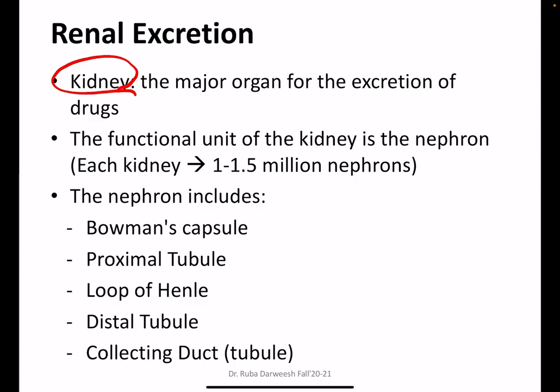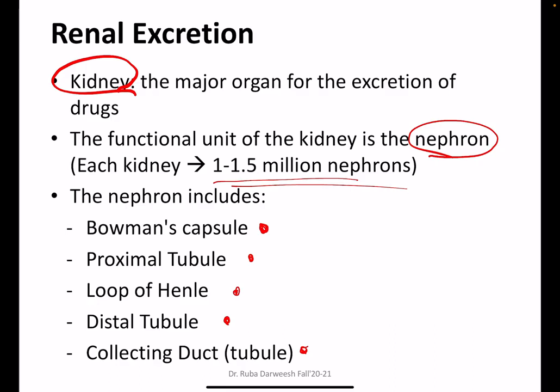The functional unit in the kidney is the nephron, in which we have 1 to 2 million nephrons per kidney. The anatomy of the kidney includes many major tubules or structures, including Bowman's capsule, proximal tubule, loop of Henle, and distal tubule, with the collecting duct.